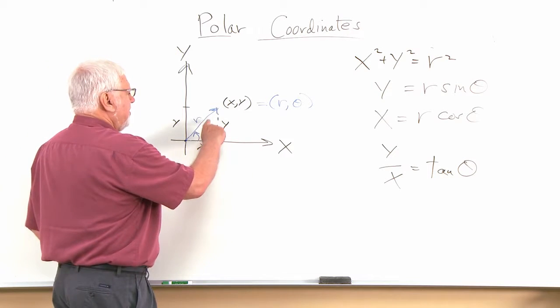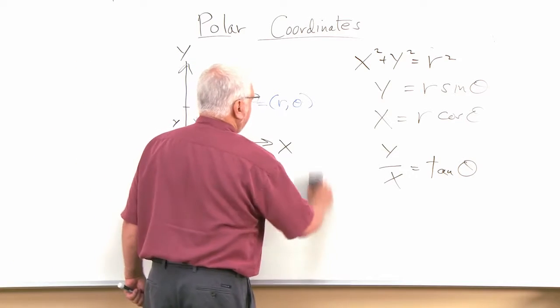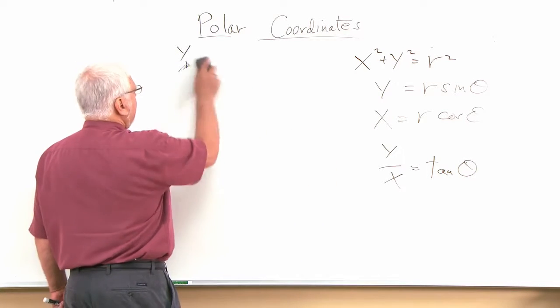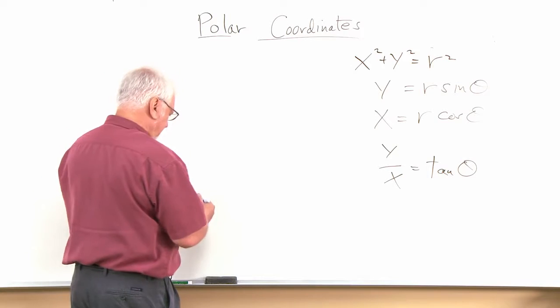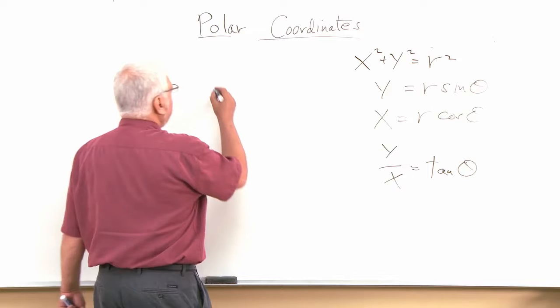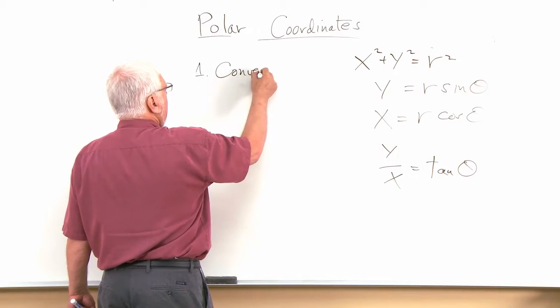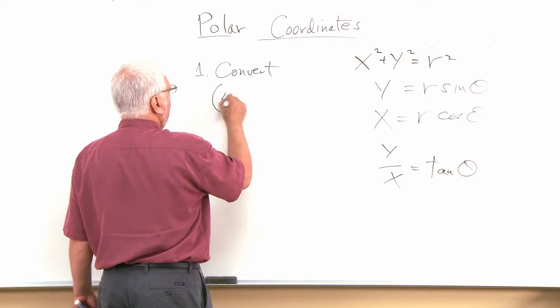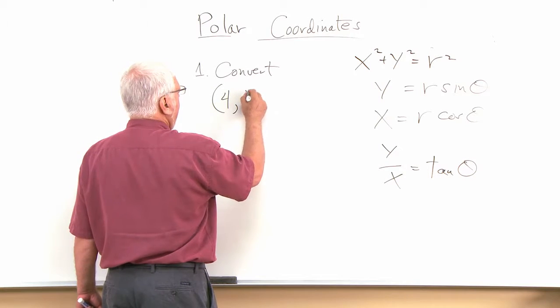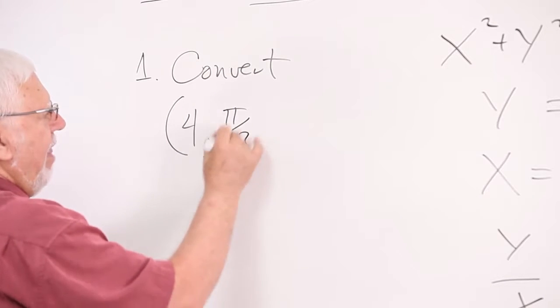Remember, if you're looking at a problem and you don't know what to do, draw this picture. I'm going to erase it, and then we're going to take a look at these 4 problems. First thing we want to do is convert 4, pi over 3.